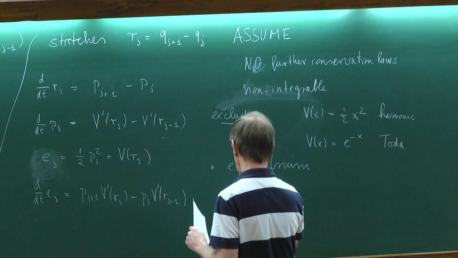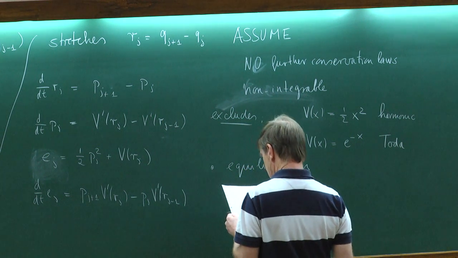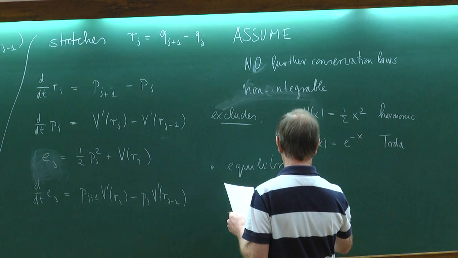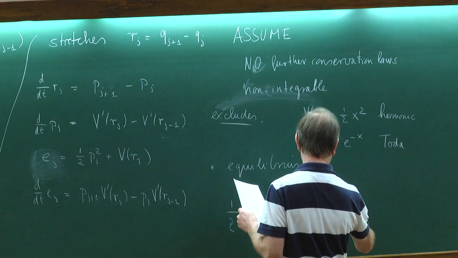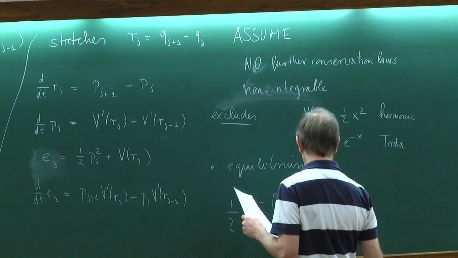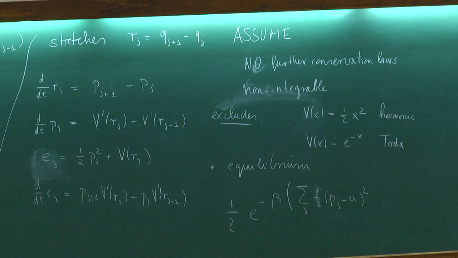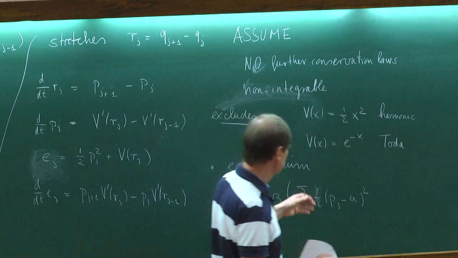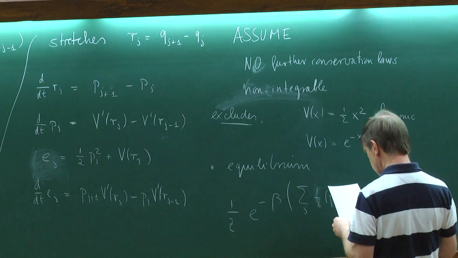So we have 1 over c e to the minus beta. Well, there is the summation over j. Now, there will be, first of all, the average momentum. Since it's a Gaussian, I don't have to introduce too many different symbols, but it will be a shifted Gaussian.